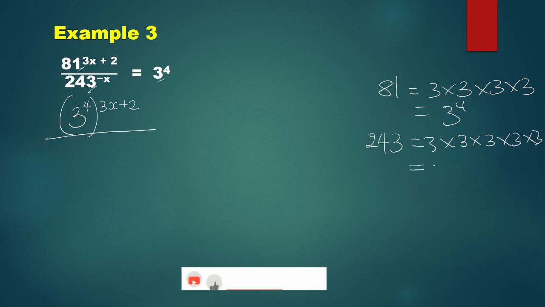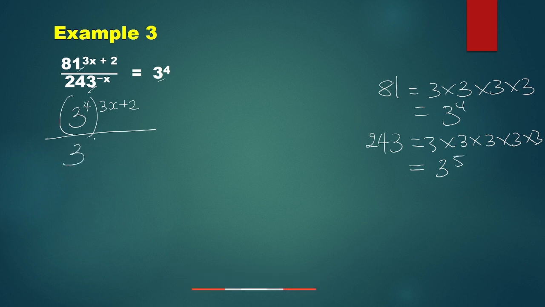That is 3 in 5 places. That's 3 raised to the power of 5. So 243 can be written as 3 raised to the power of 5 into minus x equal to 3 raised to the power of 4.